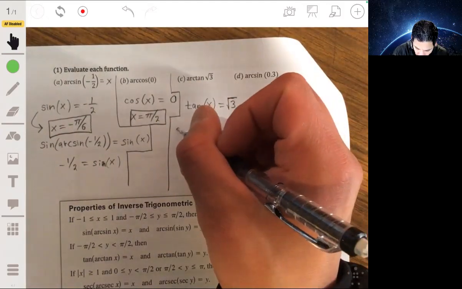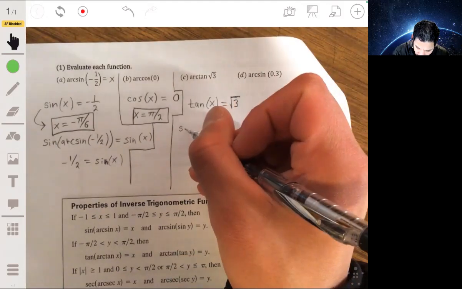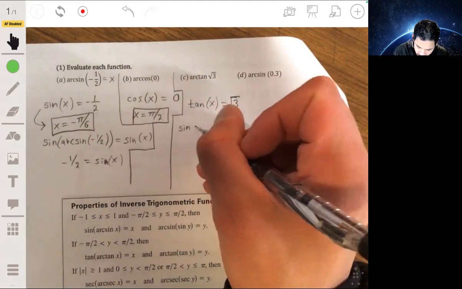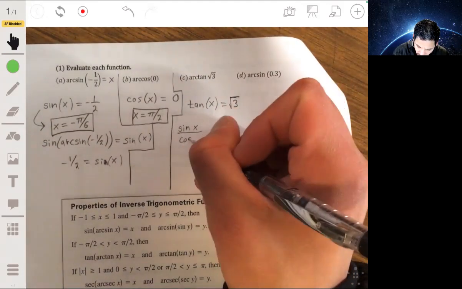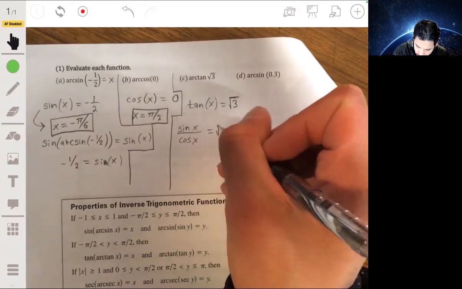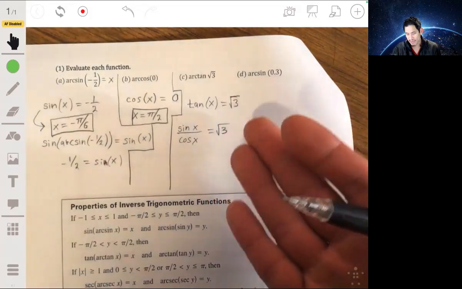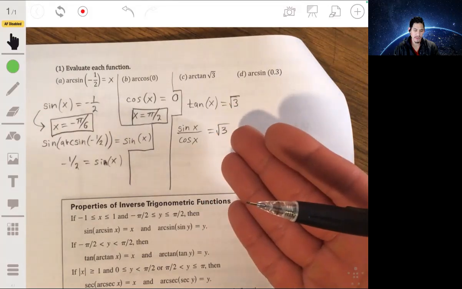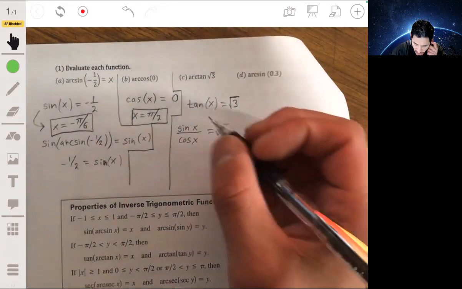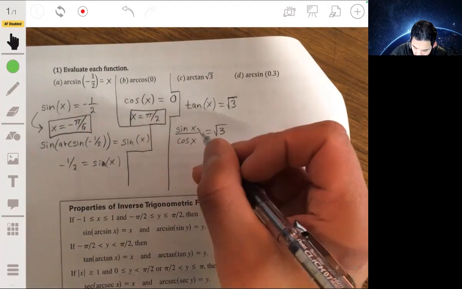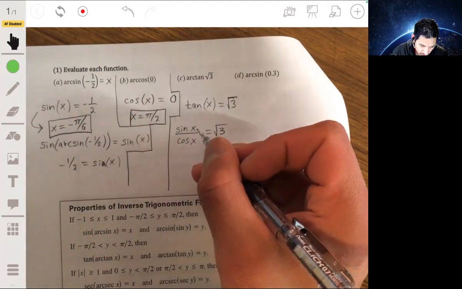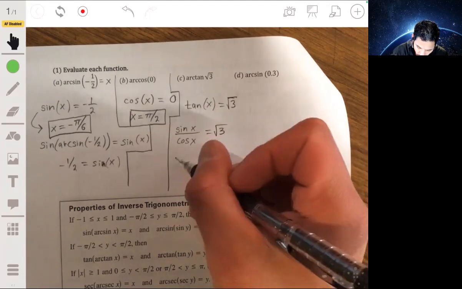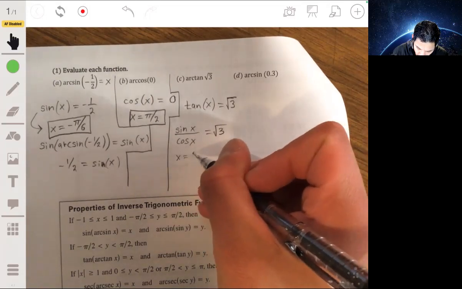So let's first start off. We know that the tangent of x is equal to the sine of x over the cosine of x. So I'm thinking, the sine of what value over the cosine of that same value equals root 3? And that would be pi over 3. x would be pi over 3.